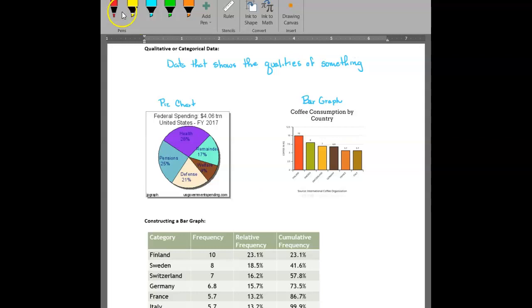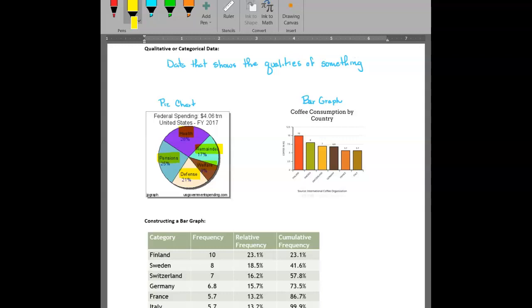And so the categories are health, the remainder of it, welfare, defense, and pension. So those are categories, or qualities, by which we are representing the federal spending in terms of the fiscal year 2017.